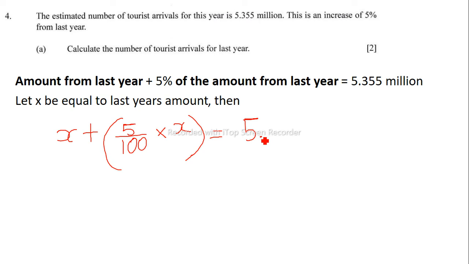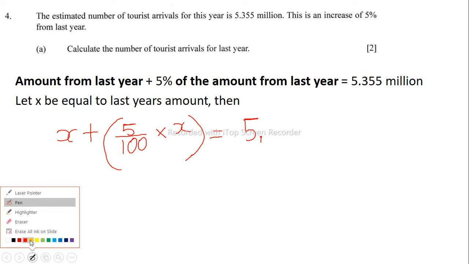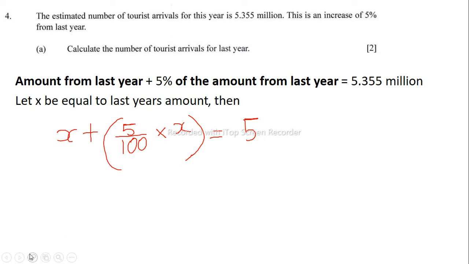So that's going to be 5,355,000, because I'm actually writing it out. 5,355,000, right?